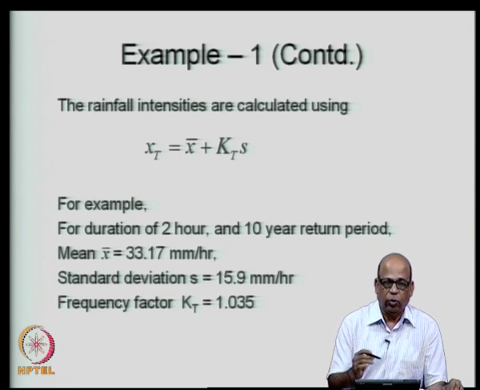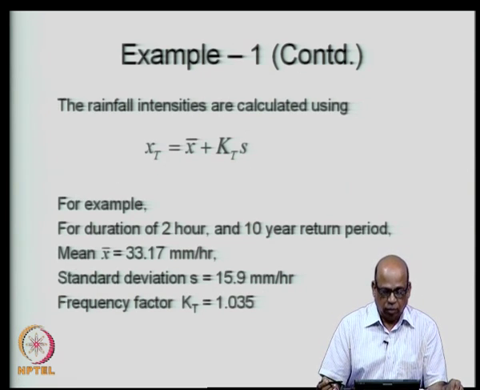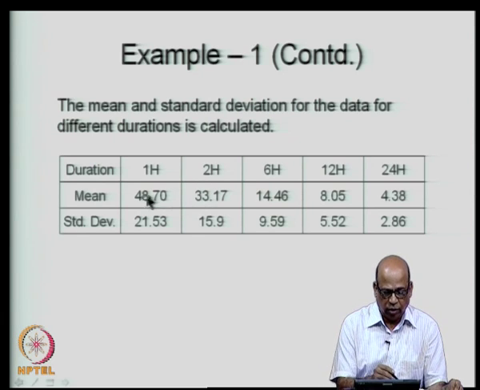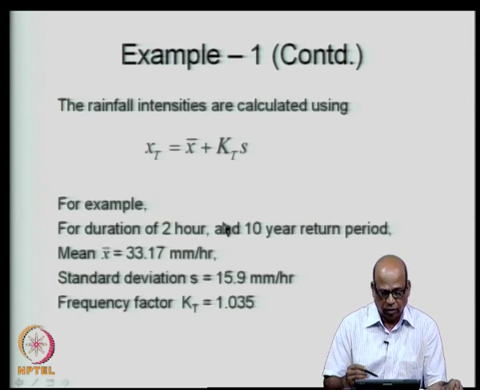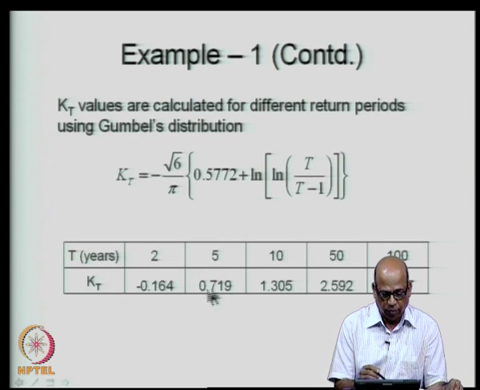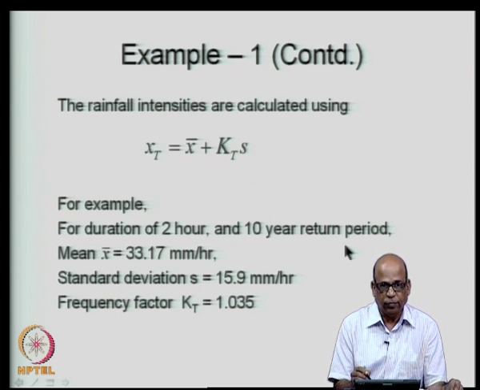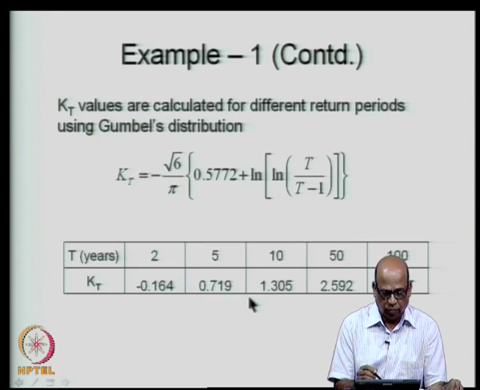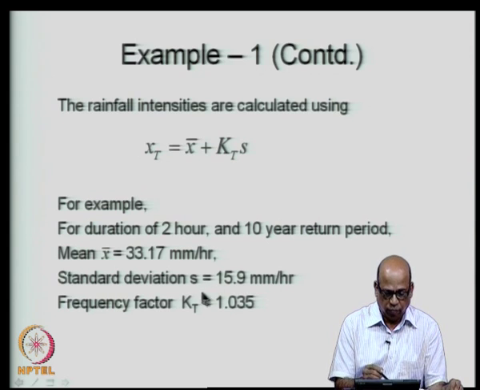For example, you take a 2-hour duration. Now, for 2-hour duration, we have calculated the mean as 33.17 millimeters per hour and standard deviation as 15.9 millimeters per hour. We use that and then get the frequency factor. The frequency factor is obtained here for a return period of 10 years. We are talking about 10-year return period, and the frequency factor we have obtained as 1.305. So, 1.305 is KT.